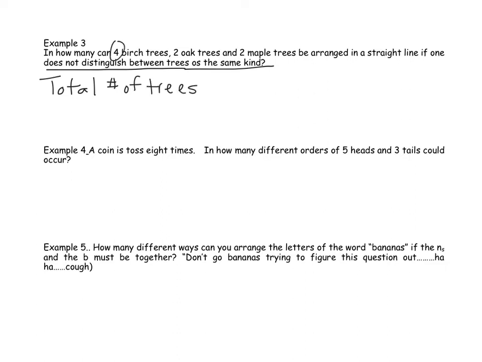Okay, and in our case here we have 4, 2, and 2. So that means we've got 8 trees in total. We have 4, so number of birch. Okay, number of oak.